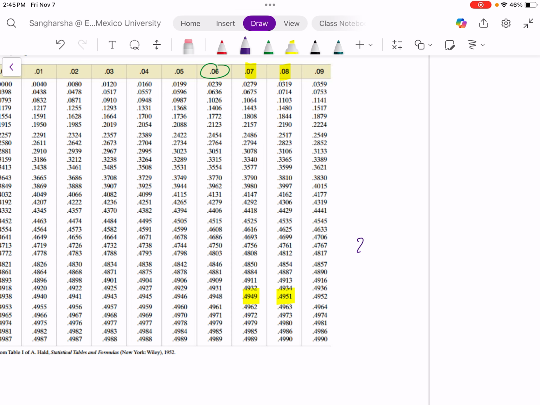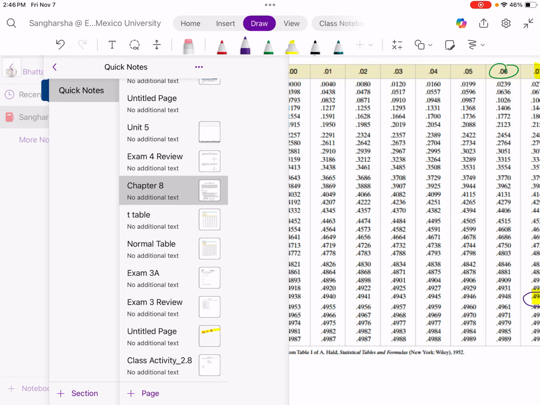For this our z is 2.57, and for this that's 2.58. We take the average because 0.495 is at equal distance from these two. So let's find the average here: 2.57 plus 2.58 divided by 2, we get 2.575. So this is our z for that point.